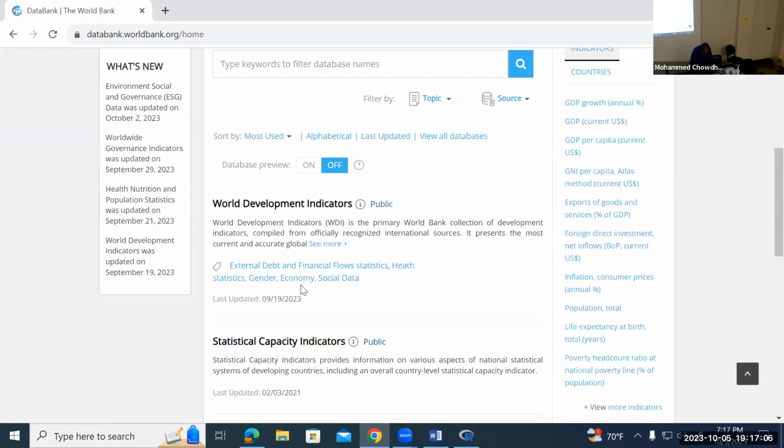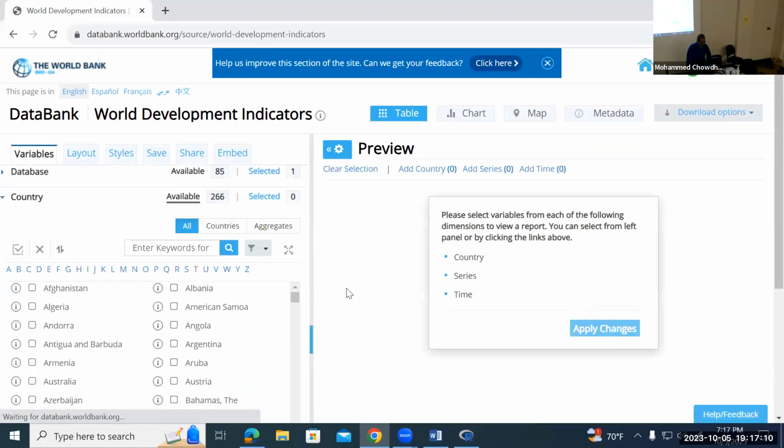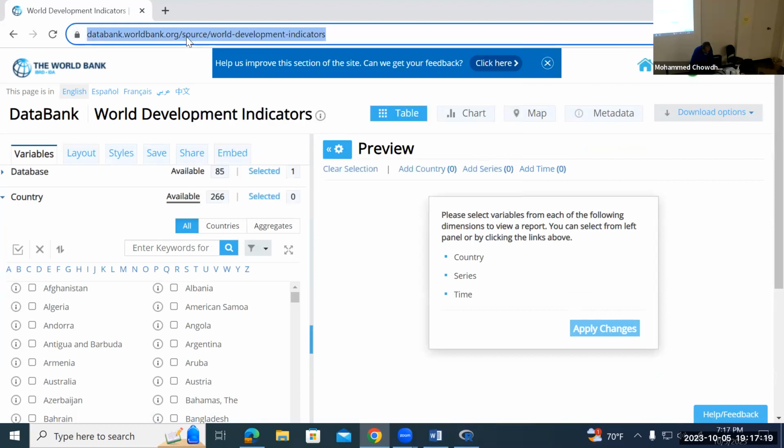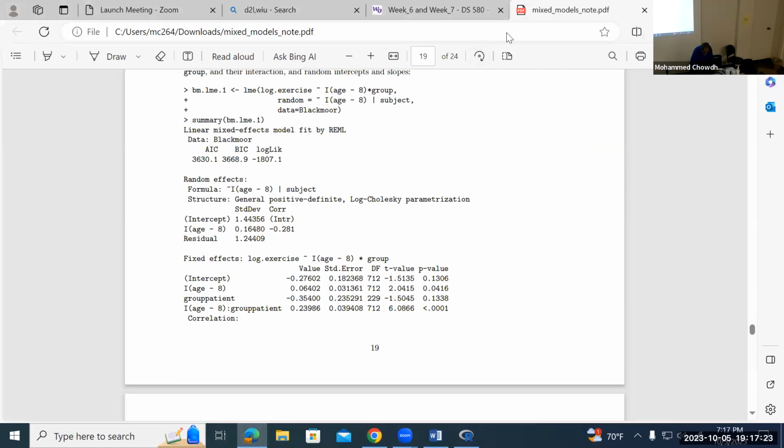World Development Indicators. Yeah. So you will do these things. Okay, let me send it to you now. In the next few minutes, pay attention to how to pull the data.